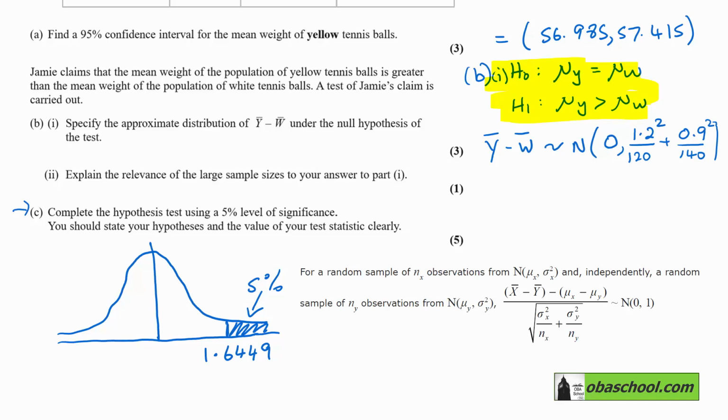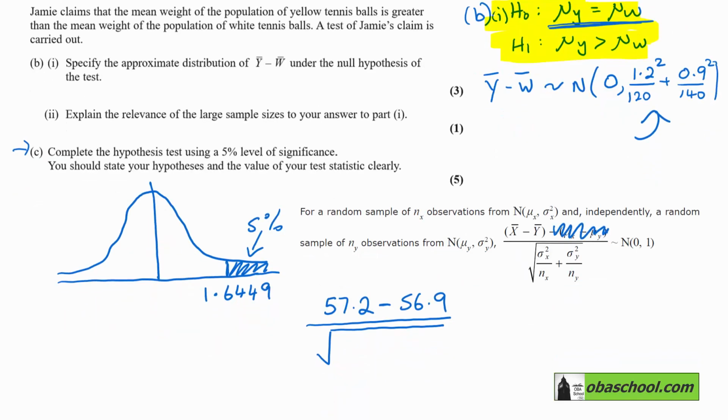And now we need our test statistics. So I found this in the formula booklet, and our hypothesis is mu y is equal to mu w. So all of that just becomes 0 there. And so the calculation that we need to do is the mean for the yellow tennis balls, 57.2, take away the mean for the white tennis balls, which is 56.9, and we can see that what we have here is the square root of the variance from up here.